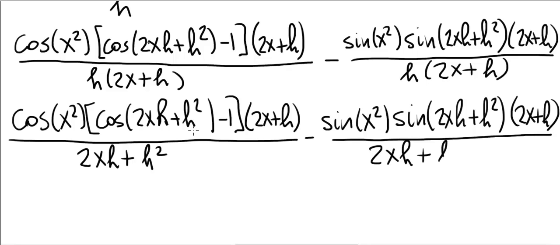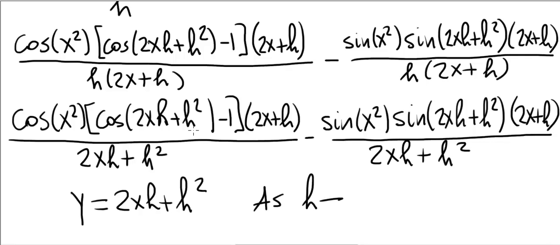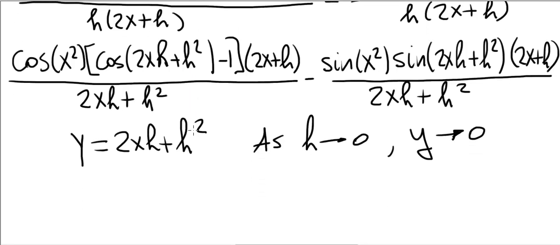Now let y equal 2xh plus h squared. And notice that as h approaches 0, y also is going to approach 0, because when h becomes smaller and smaller, close to 0, y is h times 2x plus h, so it also clearly is heading to 0. Let's incorporate y into the final answer for step 3.